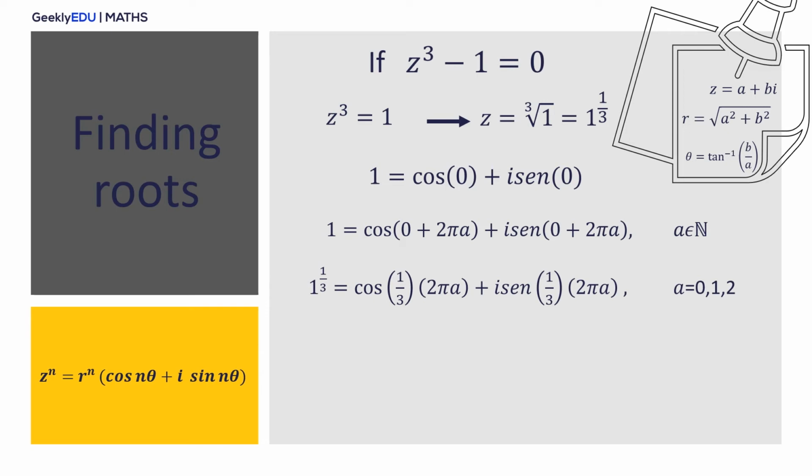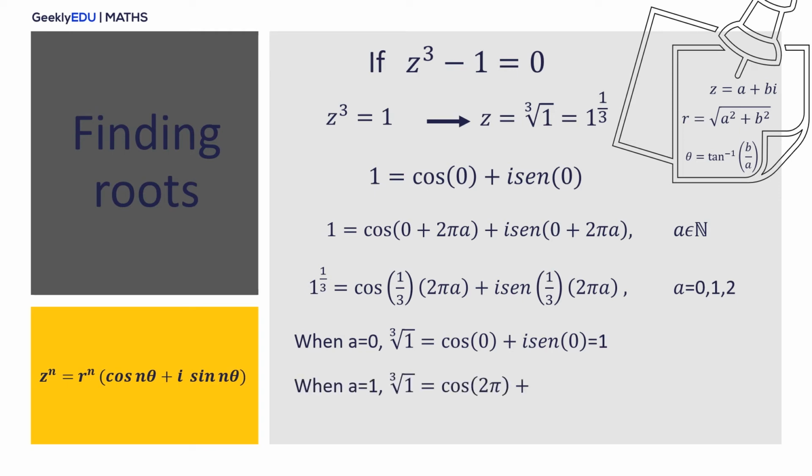For the first root, we substitute a equal to 0 in the equation, compute these values, and the first root is equal to 1. For the second root, we substitute a equal to 1, and the same for the third root.